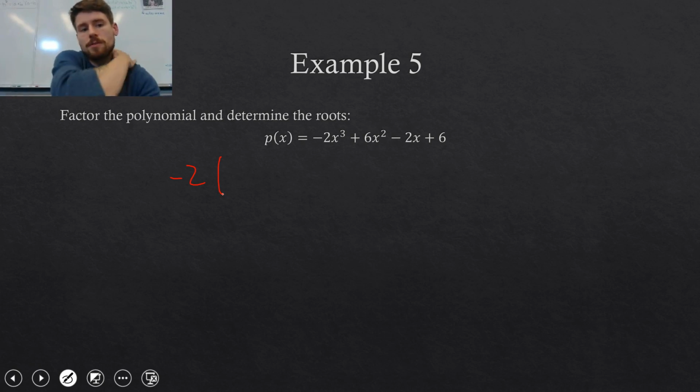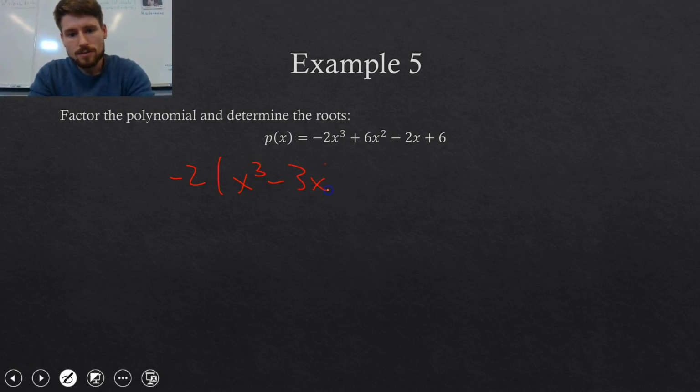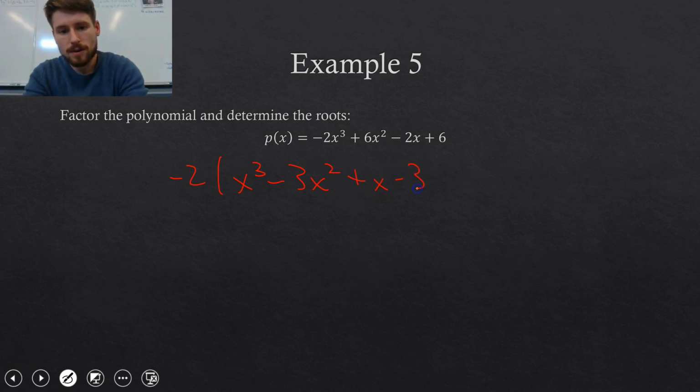And in general, if your leading term is negative, I always factor the negative sign out because I find it easier to think what will happen if the leading term is positive instead of negative. So we're going to pull negative 2 out from everything, and that's going to give us x cubed minus 3x squared plus x minus 3.